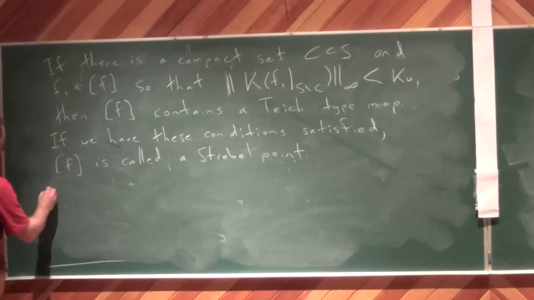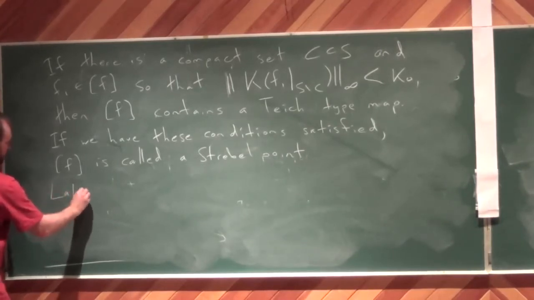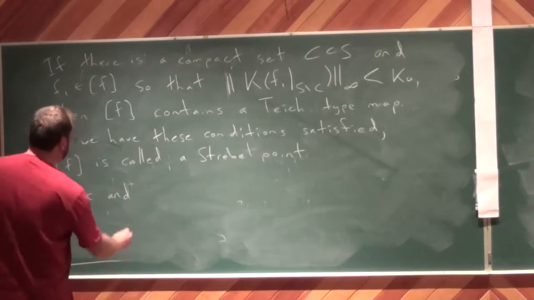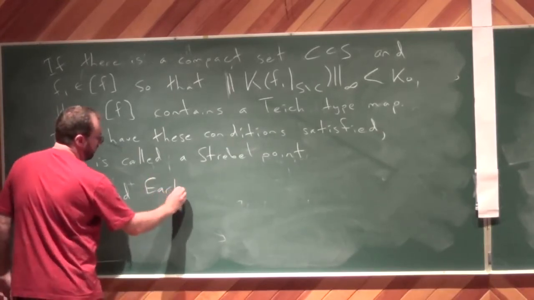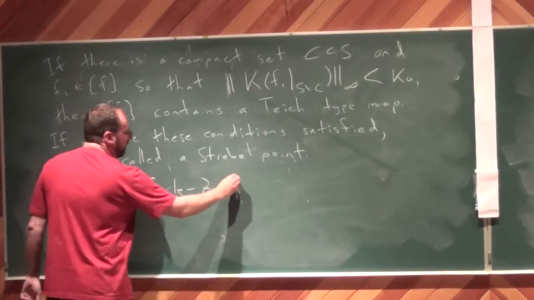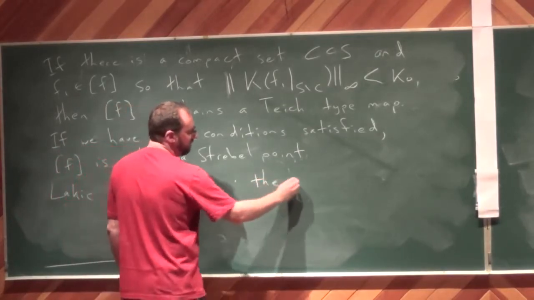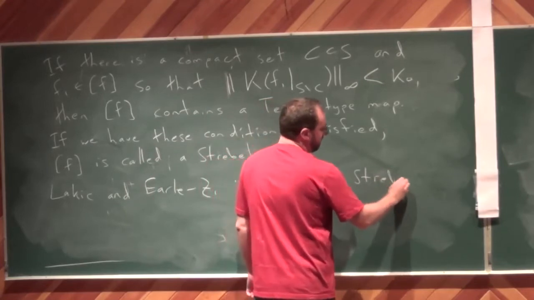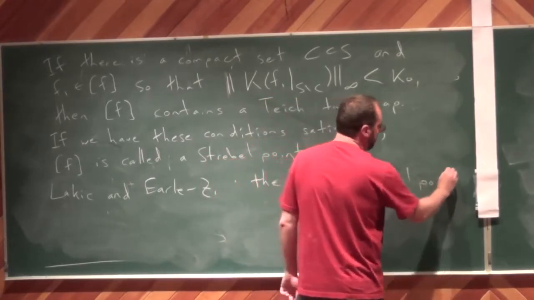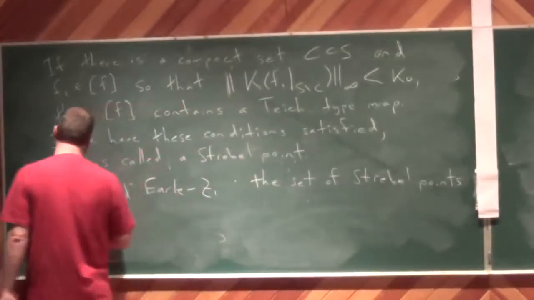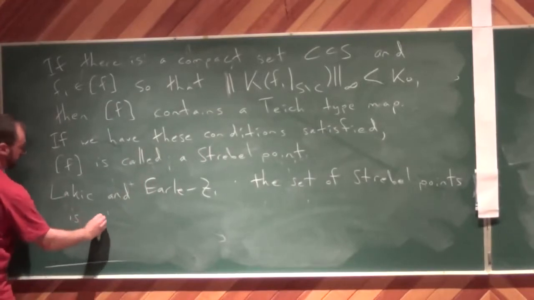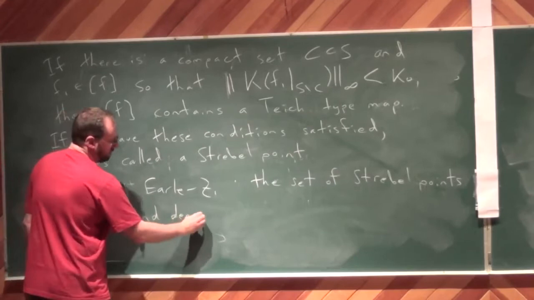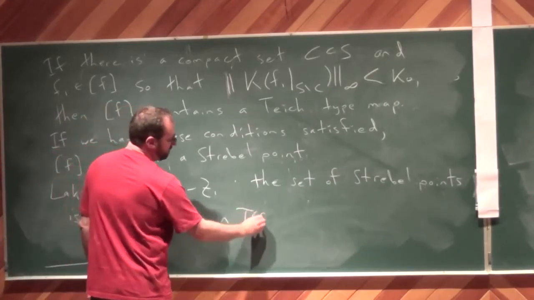And results of Lakic and Li and Gardiner say that the set of Strebel points is open and dense in Teichmüller space.